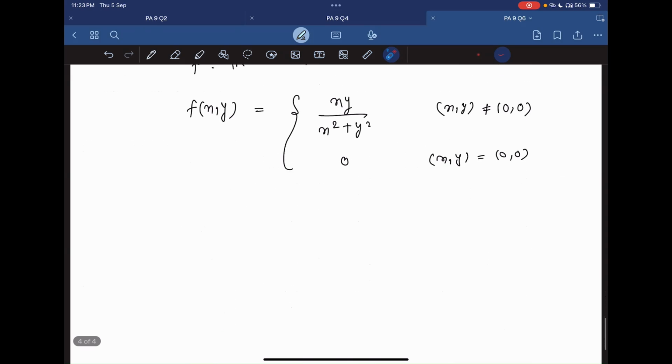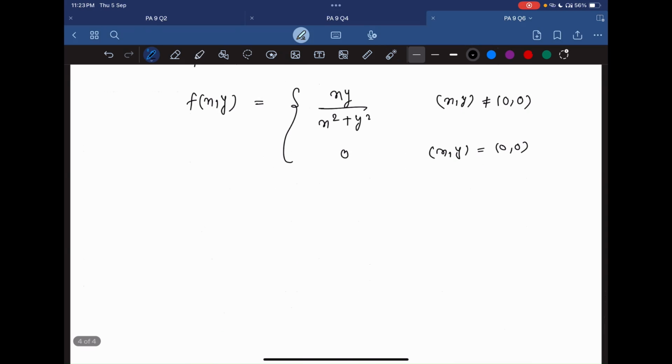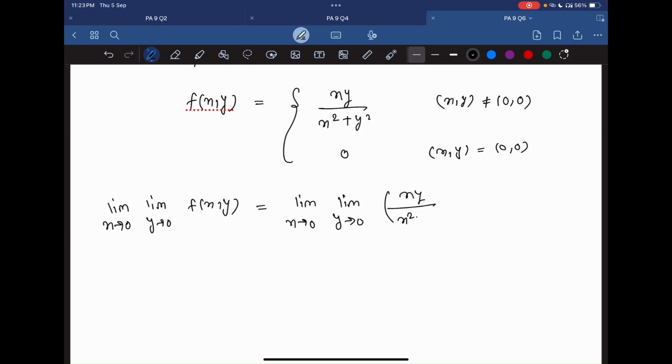Now for that, let's check the limit of our above function when x tends to 0, limit y tends to 0 of f of x comma y, and this would be equal to the limit as x tends to 0, limit y tends to 0 of xy by x square plus y square.